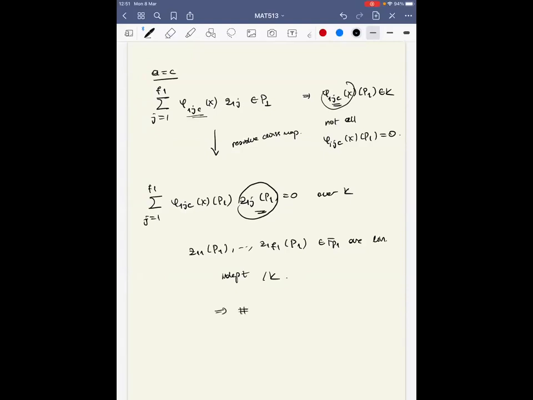We will get a contradiction with the linear independence of these elements. But here it's not that trivial, because in the beginning we supposed that these corresponding Sij's are linearly independent in the residue class field.